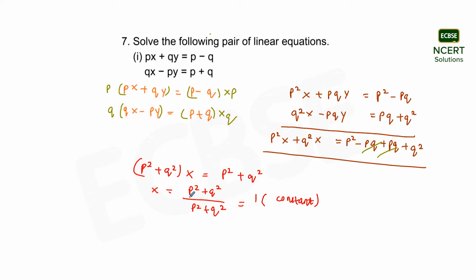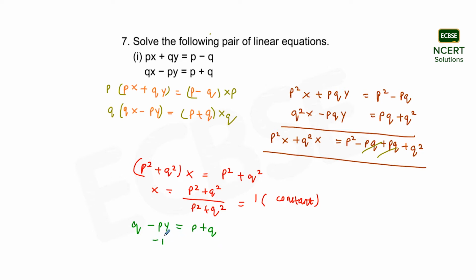Now in order to get the value of the other variable, that is y, I'll be substituting this value of x in either the first or second equation provided in the question itself. Let me substitute this value of x in, say, the second equation. So the second equation will be q into x, which is q into 1, equal to q itself, minus py equal to p + q.